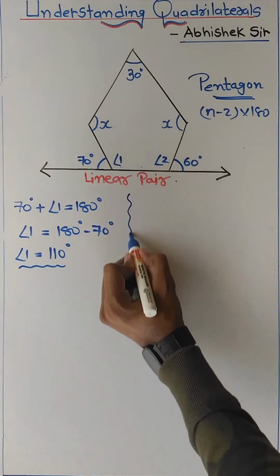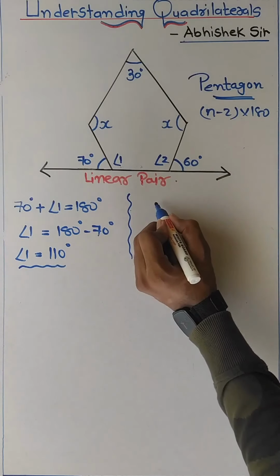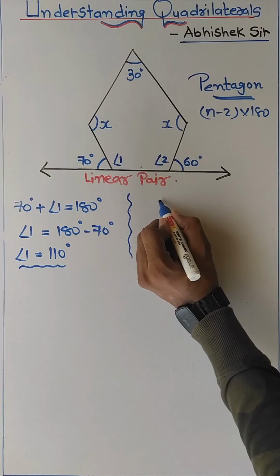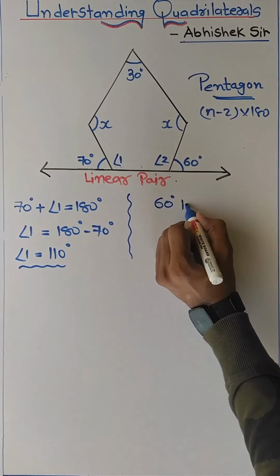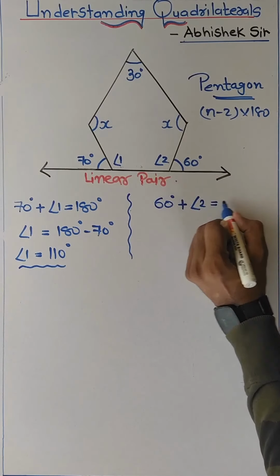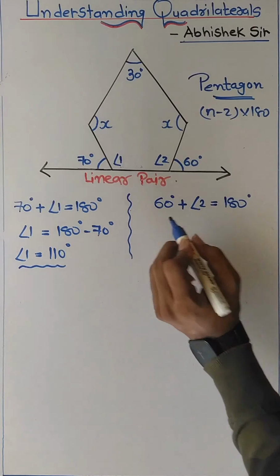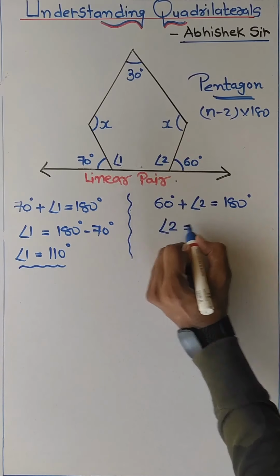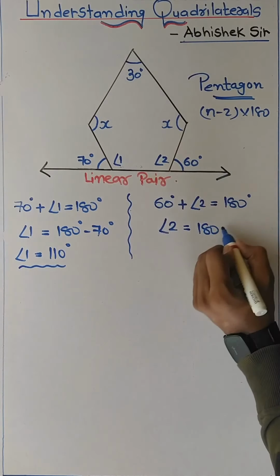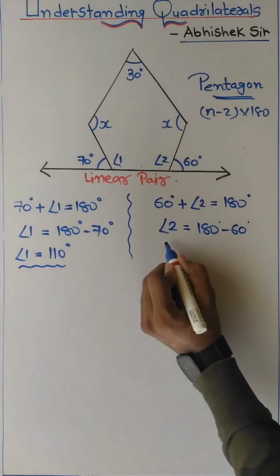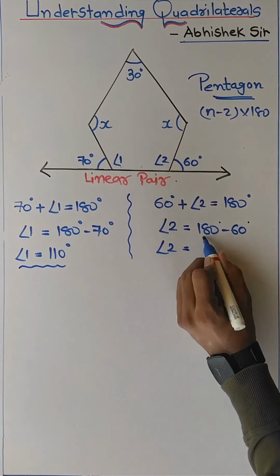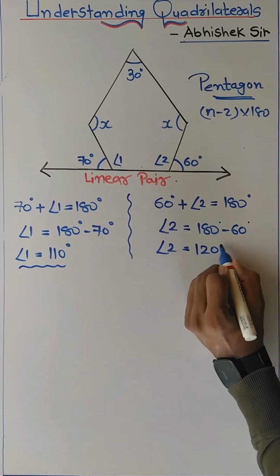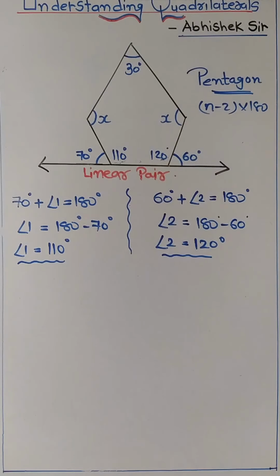And the same way over here, if we apply the linear pair property, it will be 60 degree plus angle 2 equals 180, right? So angle 2 equals 180 minus 60, so that is 120, right?